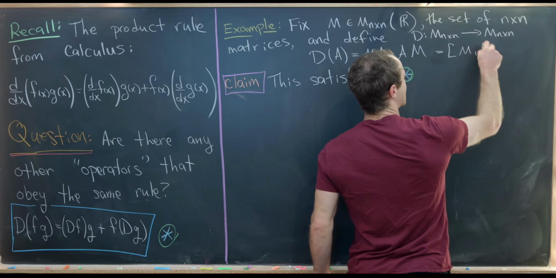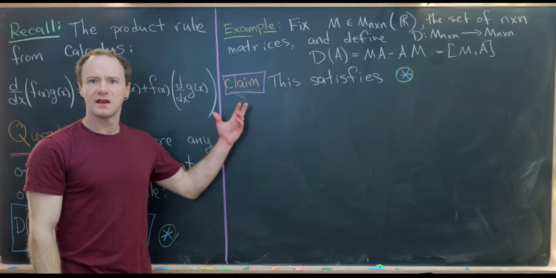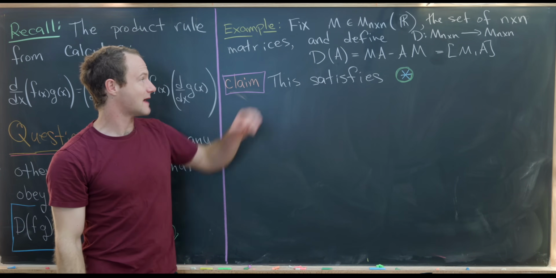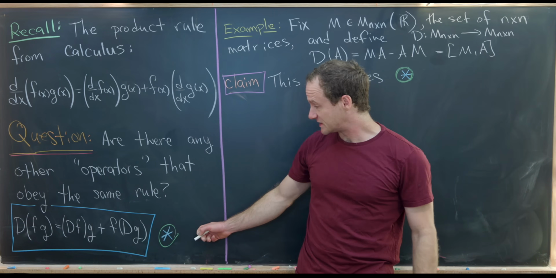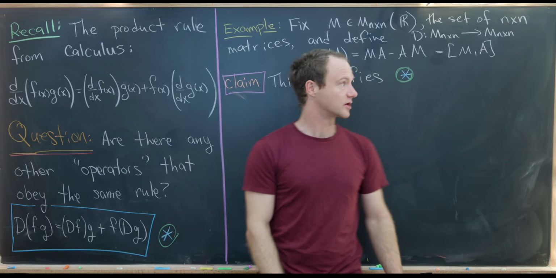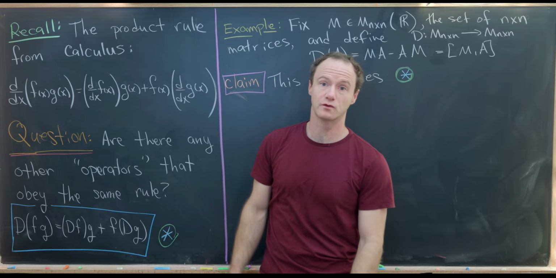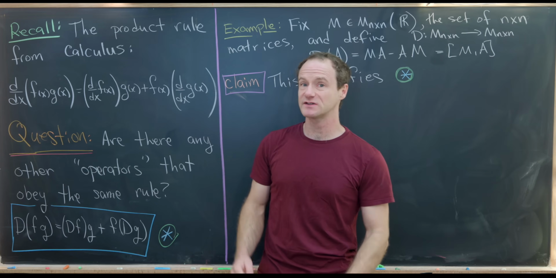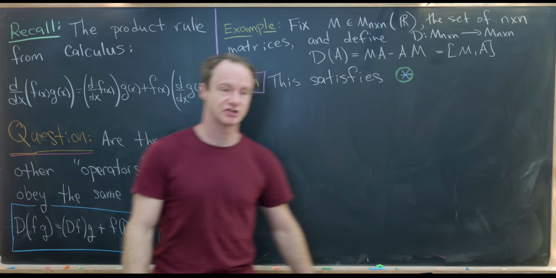Sometimes this would be written as brackets with M comma A. Now the claim is that this map D satisfies this equation down here, which I have now starred. It looks exactly like the product rule from calculus, just with a little bit different notation.